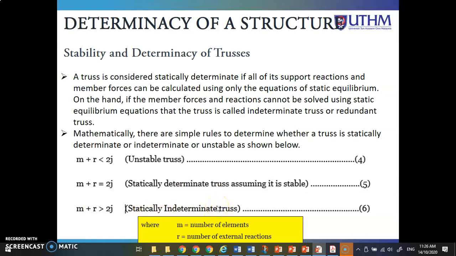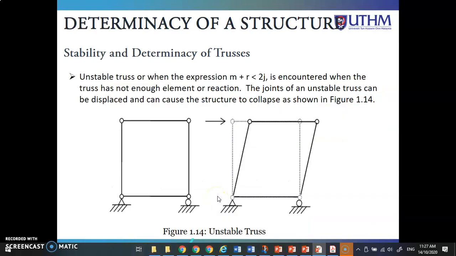Okay, so this is the unstable truss, when the expression M plus R is less than 2J. Okay, so kat sini kita tengok this is pin and this is roller. So pin akan ada 2 reaction and this one will become 1 reaction.